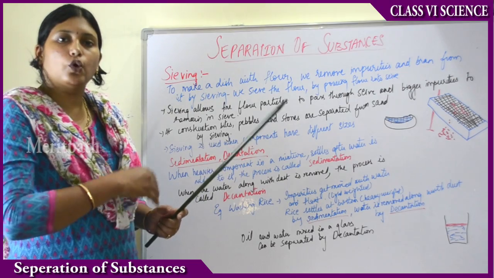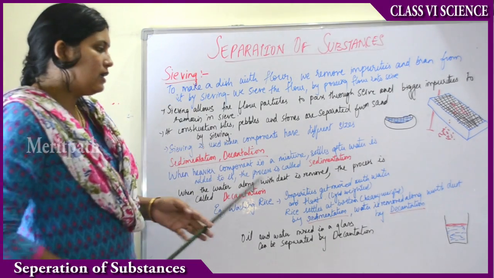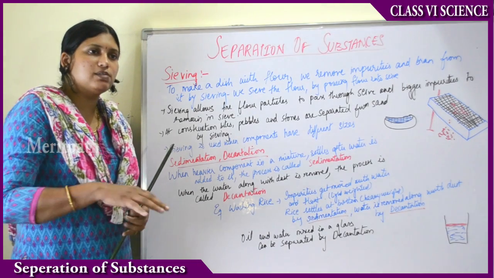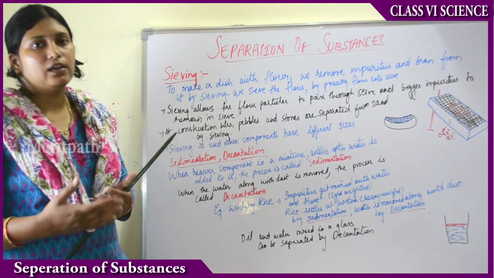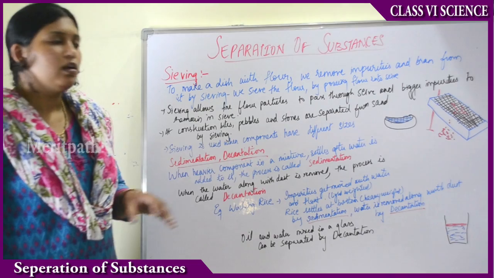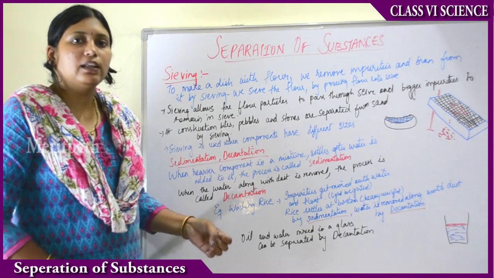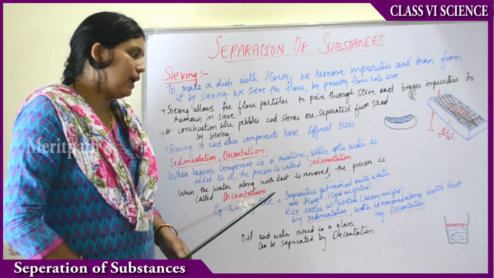The process of throwing away that water along with the impurities which it is carrying is decantation. In any substance when mixed together, the heavy particle settles down and the upper part floats along with the impurities. The heavier particle settling down is sedimentation, and the remaining water which carries the impurities will be thrown away by a process called decantation.